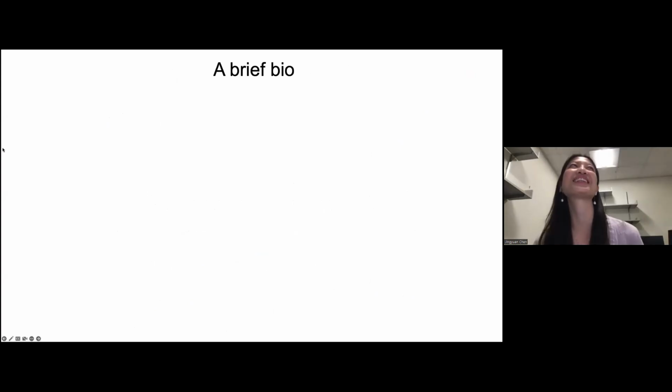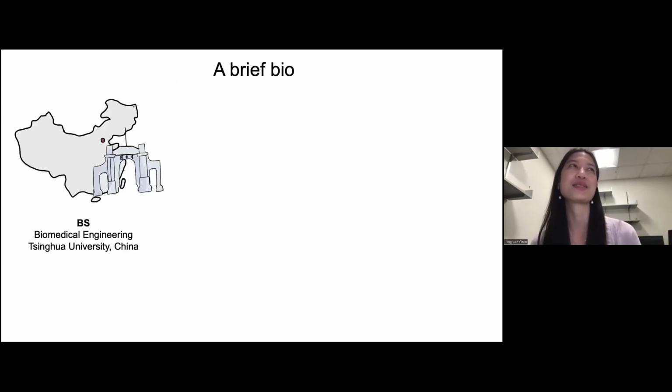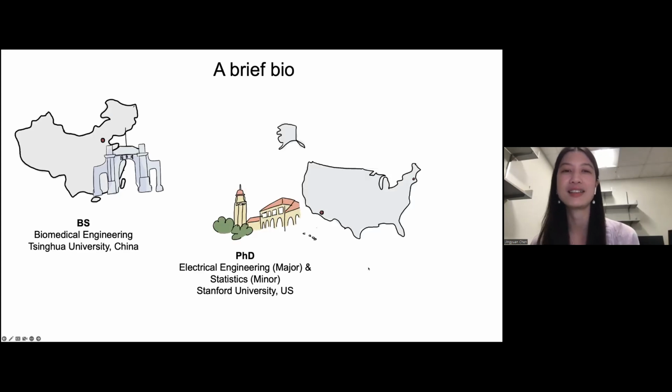I'll give a brief introduction of myself. I received my bachelor's degree in China, and my undergrad degree was in biomedical engineering. Later, I pursued my PhD training at Stanford Radiology Science Lab, focusing on signal processing, statistics, and general neuroimaging methodology.